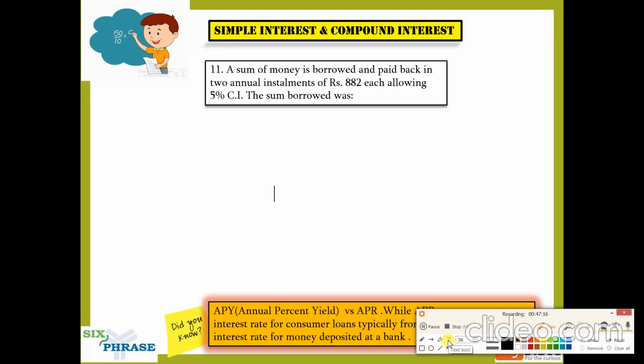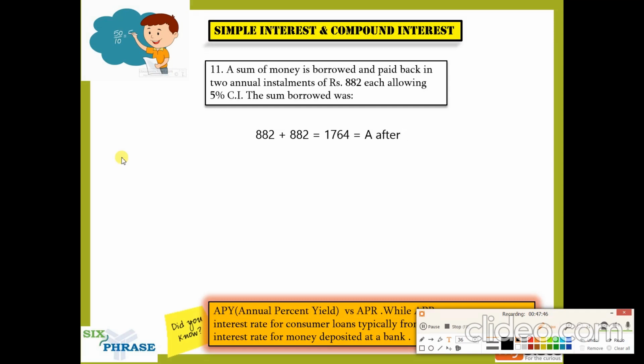So a sum of money that is borrowed and paid back in two annual installments, guys. So what is being paid back is 882 plus 882. This is the amount that is paid back. So 882 plus 882 will give you 1764. So this is the amount paid back after 2 years, or this will be equal to amount after 2 years.